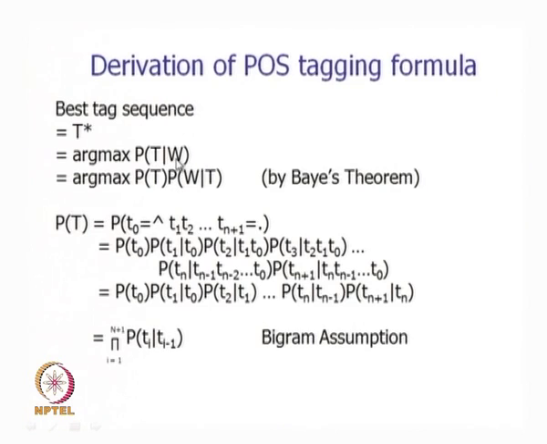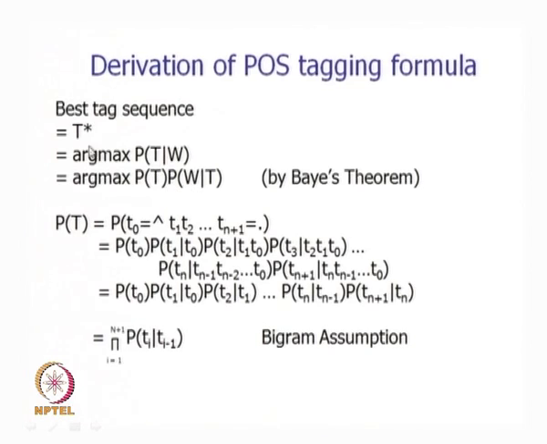So, if we place the tags on the set of words, then we have the sequence T and the word sequence is W. Here we apply Bayes theorem and we convert this expression into P T into P W given T. Now, this is also an old point discussed many times in previous lectures, that it is the problem which determines whether we should apply Bayes theorem or not, and thereby adopt a generative approach or a discriminative approach.